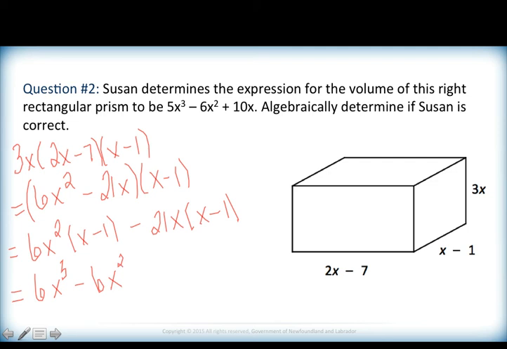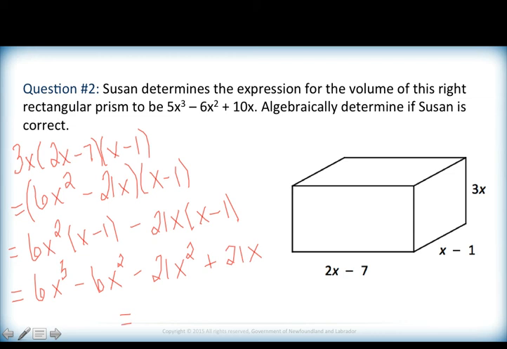Negative 21x times x is negative 21x squared. And our last term, negative 21x times the negative 1 is a positive 21x.